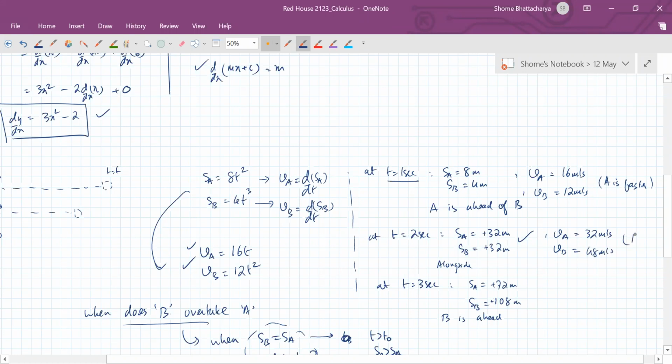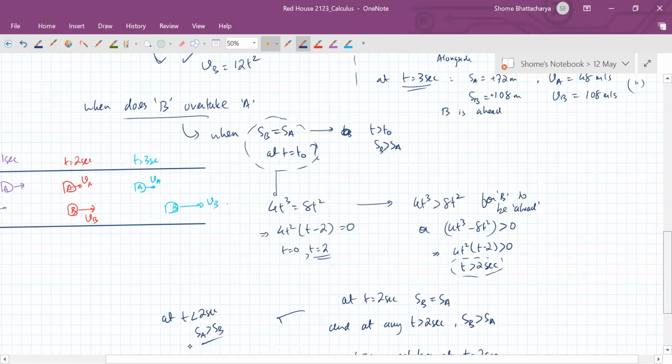So B is already faster, and that trend continues by the time you come to 3 seconds. That is what you can see in this diagram.